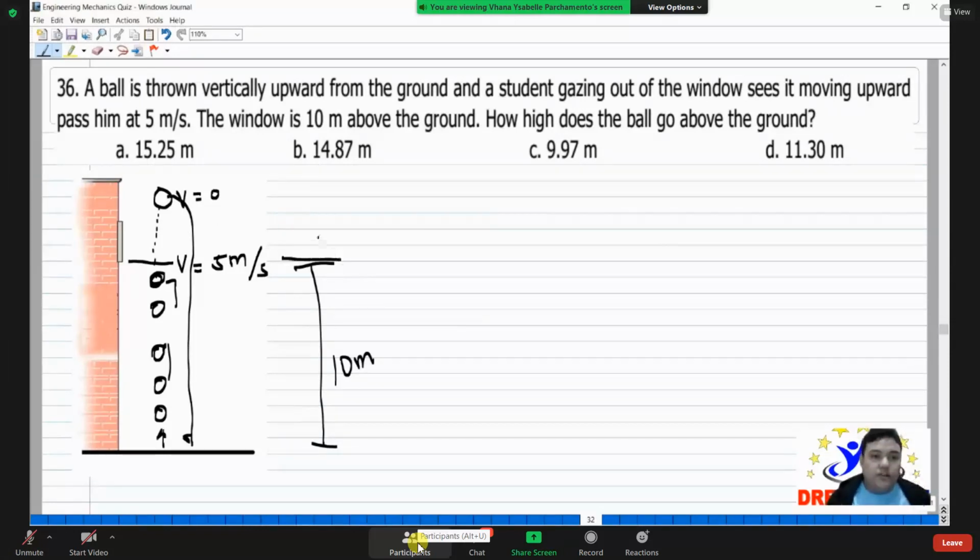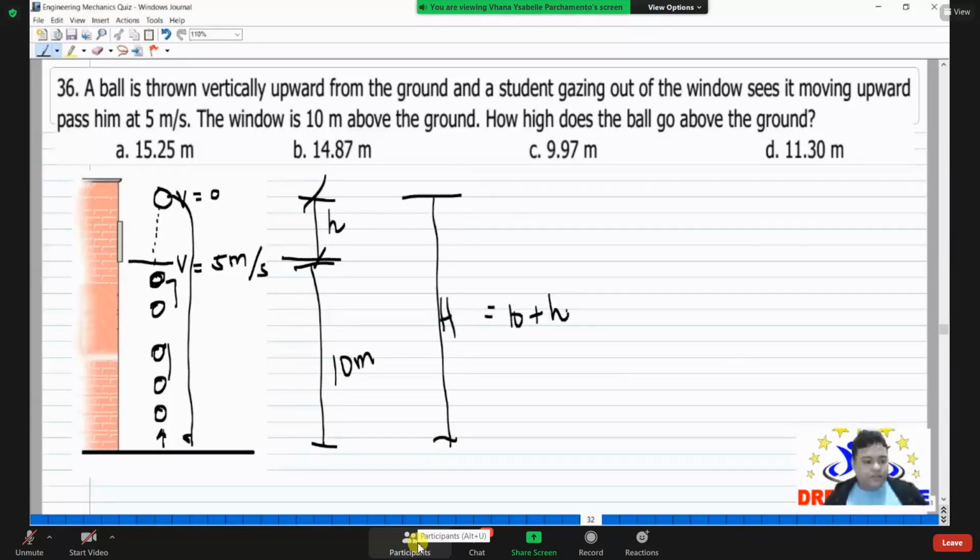So, ito yun, yung H na to. Meron pa tayong sumobrang H yun. So, therefore, yung ating total H from the ground is equal to 10 plus H. So, hanapin natin yan. Since dito tayo magsa-start, ito yung gawin nating reference line.